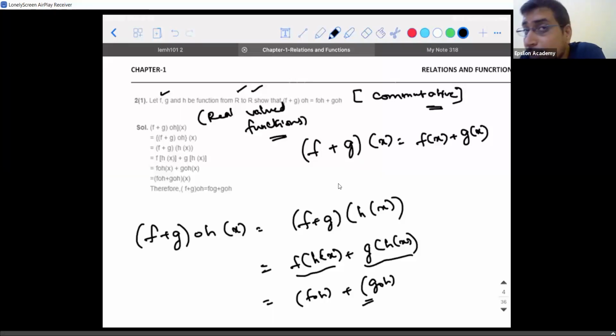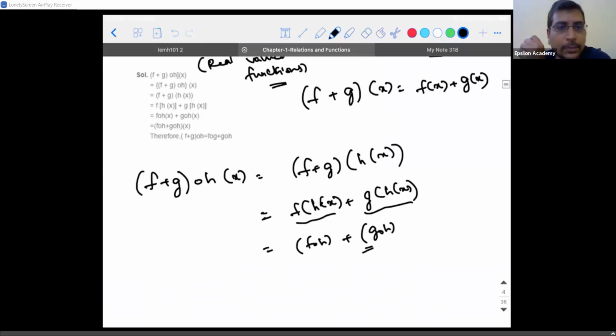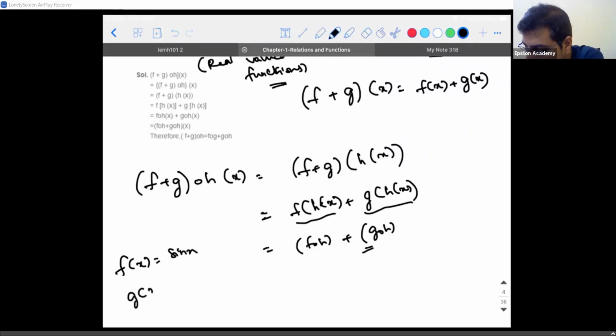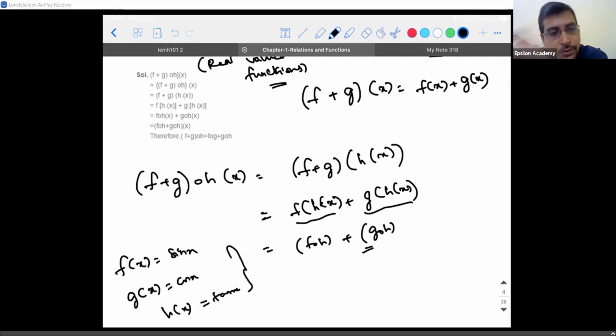Taking f of x is equal to x, similarly g of x is equal to y, similarly h of x I'm taking a value. Don't take it like that. It doesn't make sense because f of x can be sin x, g of x can be cos x, h of x can be tan x. It can be anything, no? x, y doesn't make sense. It should be a function of x.